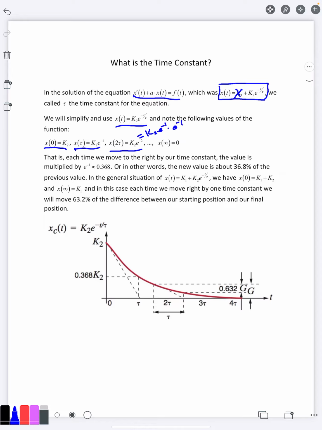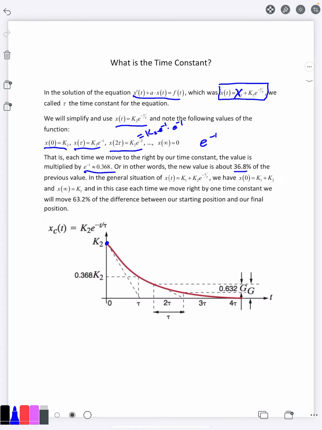And so what that means is each time we go tau to the right, we are multiplying our y value by another e to the negative 1. Now e to the negative 1 is about 36.8% or 0.368.